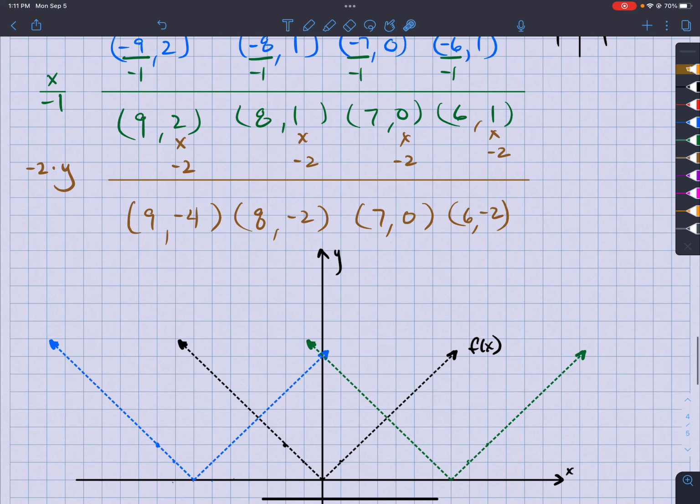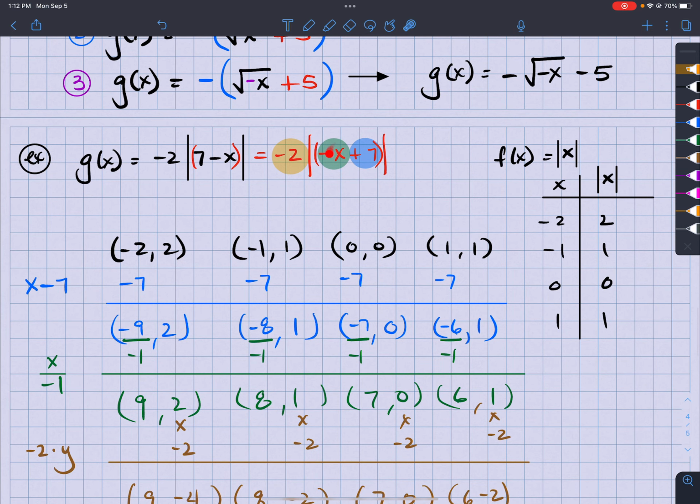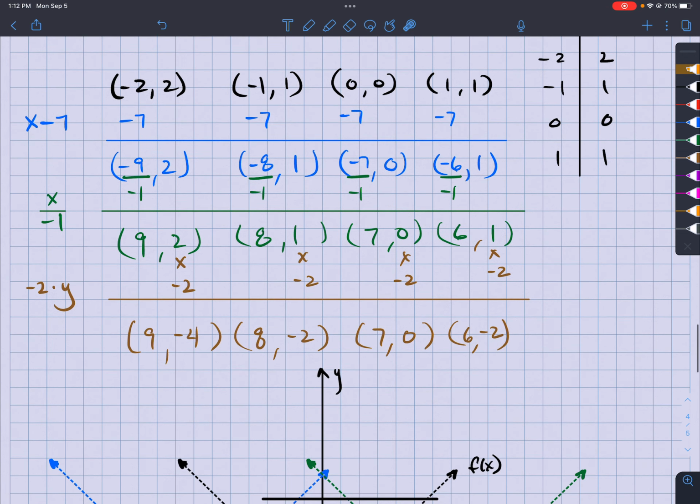The final answer is this piece right here. After we got this done, we came out of the parentheses, and there was only one thing attached outside the parentheses, which is the -2, which affects the y value. So it tells me to multiply the y value by -2.